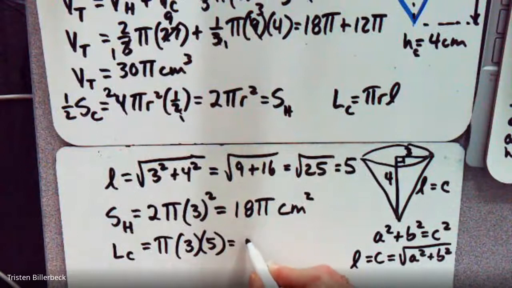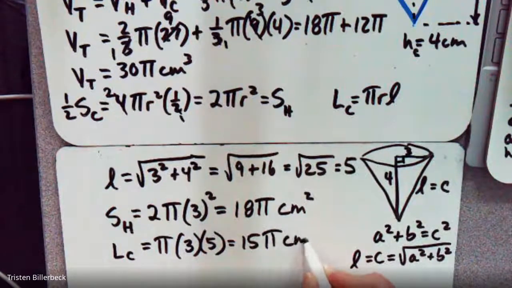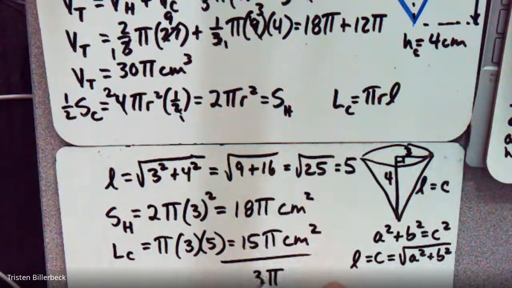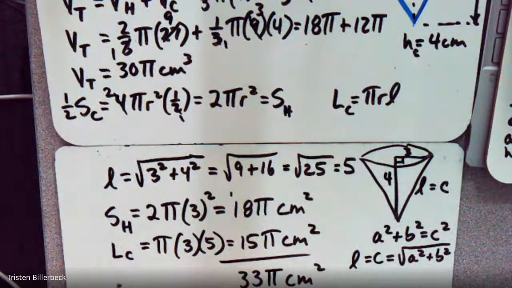That gives me 15 pi centimeters squared. Then we add it up, 18 plus 15 is 33 pi centimeters squared for the total surface area of the stopper.